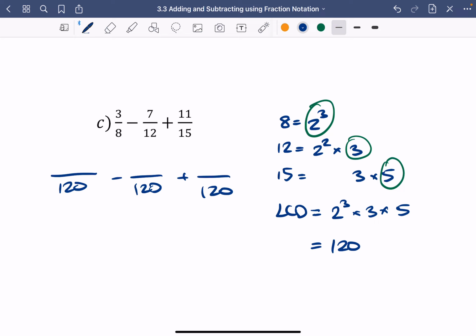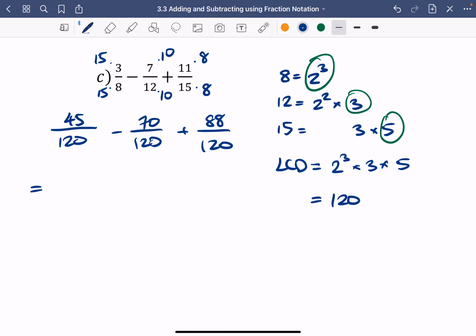Well, 8 times by 15 is equal to 120. 12 times by 10 is equal to 120. 15 times by 8 is equal to 120. So 15 times by 3 is 45. 7 times 10 is 70. 8 times 11 is 88.